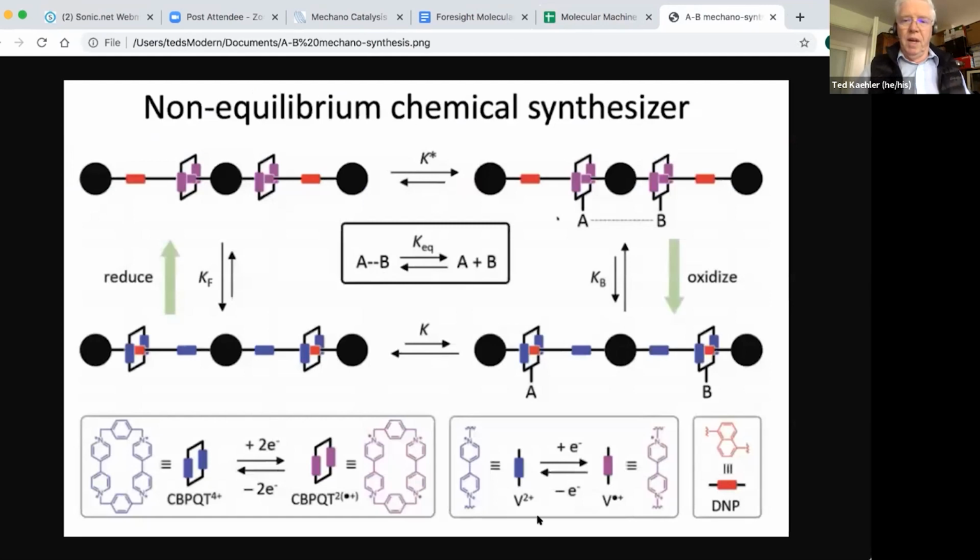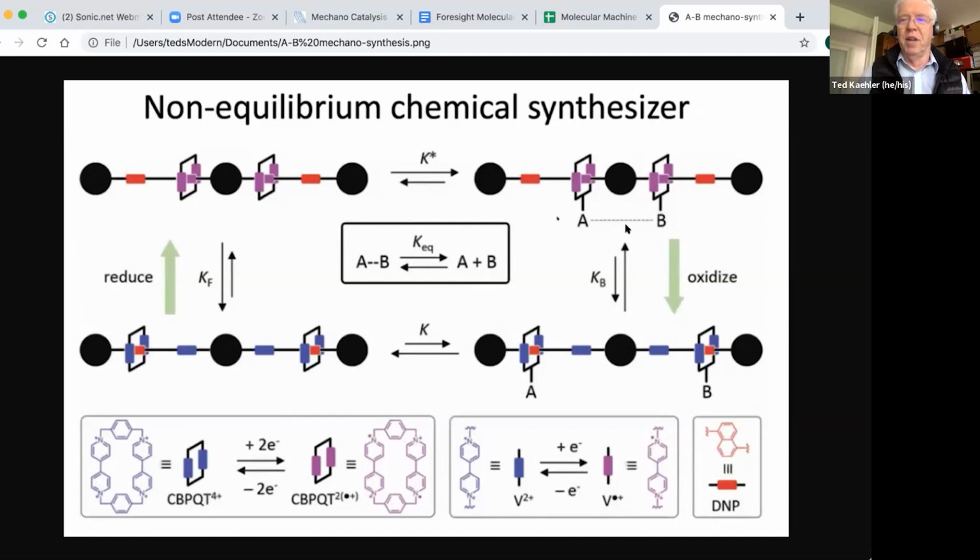Okay, can you see this? On February 18th, Dean Astumian talked about a very interesting thing, and I know he's maybe actually in the talk. If he would like to say something here, that would be wonderful. The proposal is a rod with a couple of rings on it, and these rings attach A and B, and then you change the pH and bring the two rings together, and then A and B might bond to each other.